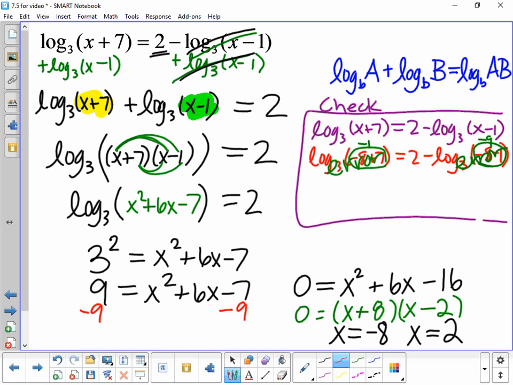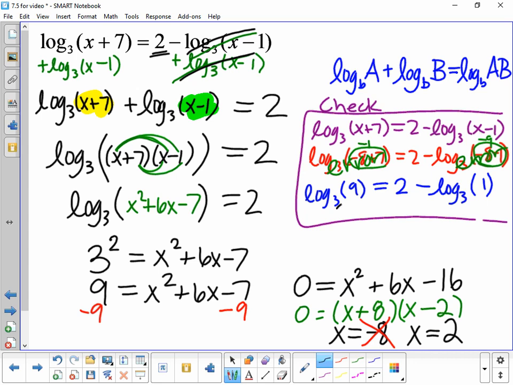So the negative 8 didn't work. That's an extraneous solution. If we test the solution 2, we would have that the log base 3 of 2 plus 7, which is 9, is equal to 2 minus 2 times the log base 3 of 2 minus 1, which would give us a log of 1. And that's fine. In fact, we could check this in our head.